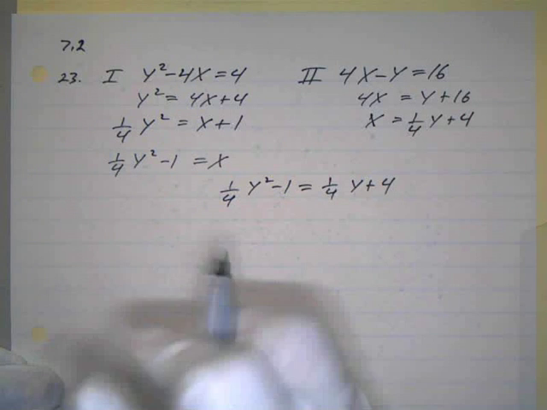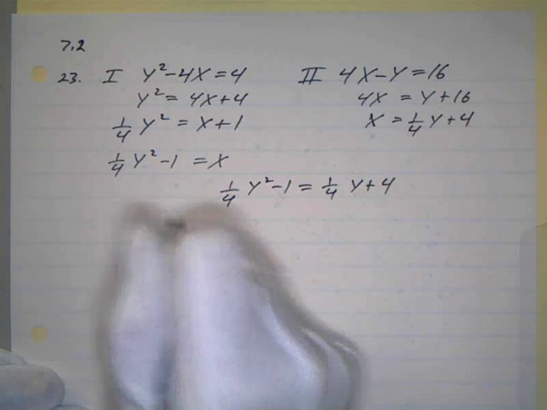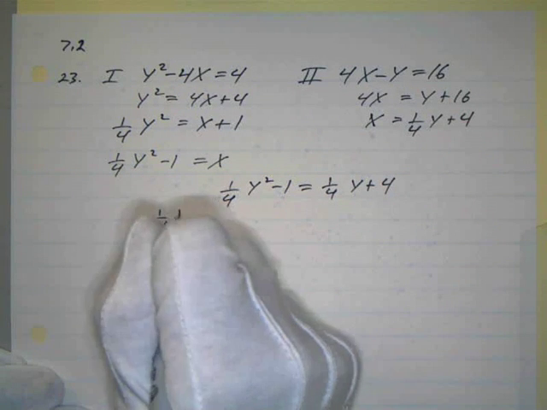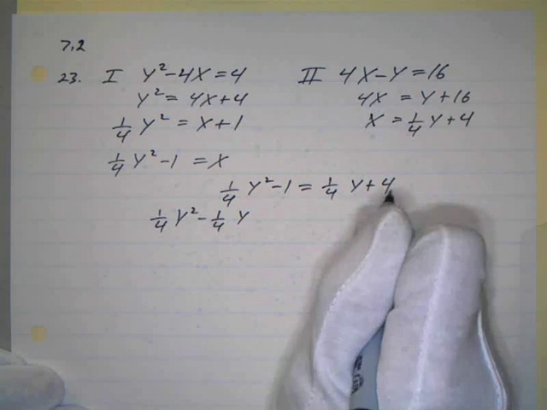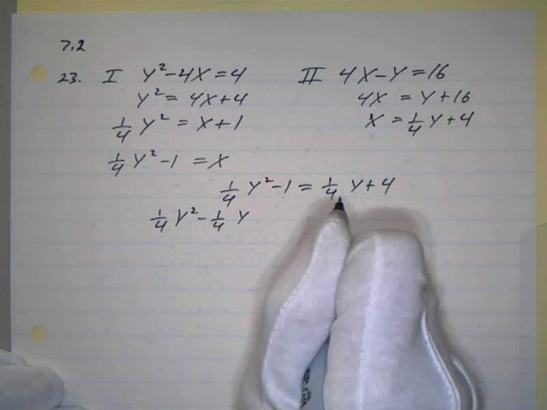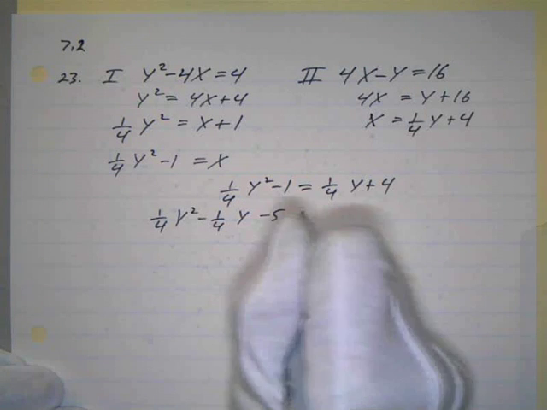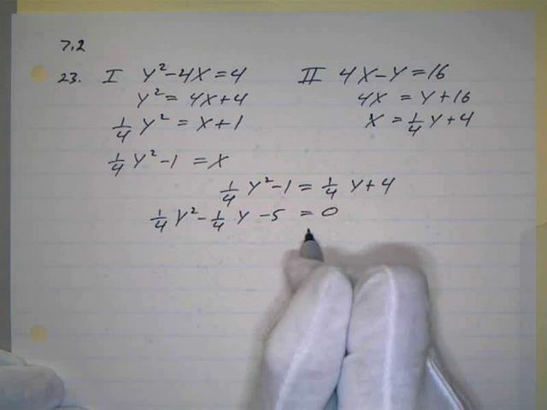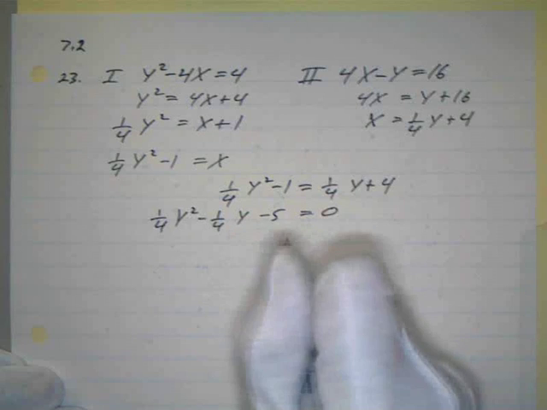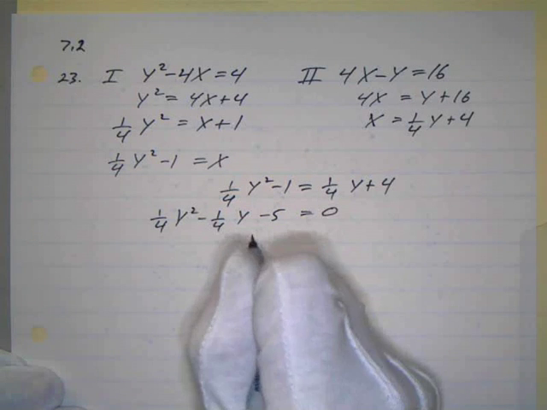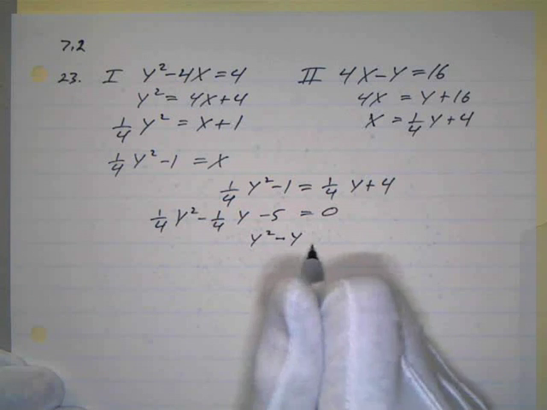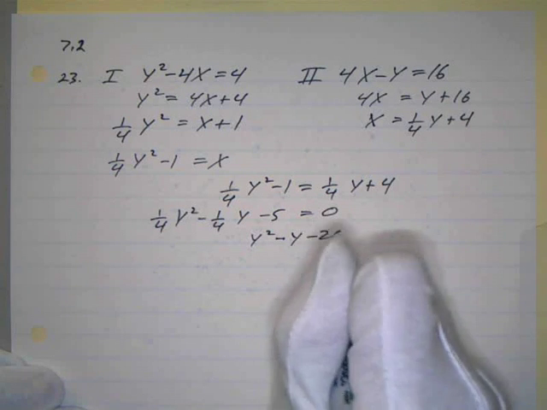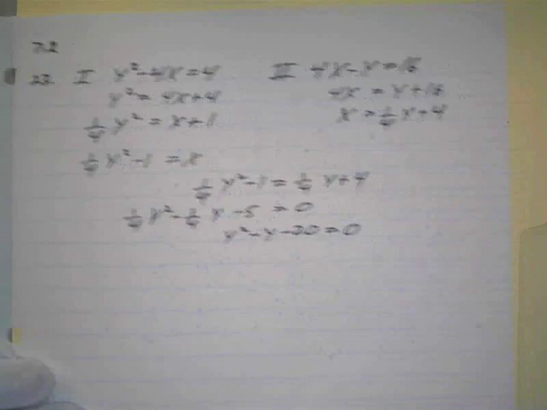I can get everything on the left, so I have 1/4 y squared minus 1/4 y, and if I subtract 4, I get negative 5, equals 0. I can multiply everything by 4, so I end up with y squared minus y minus 20 equals 0.